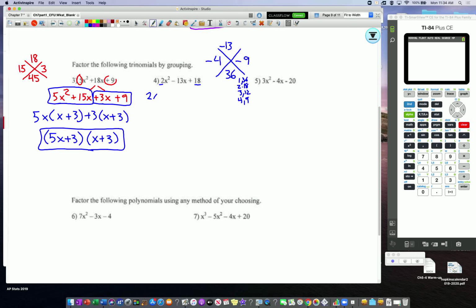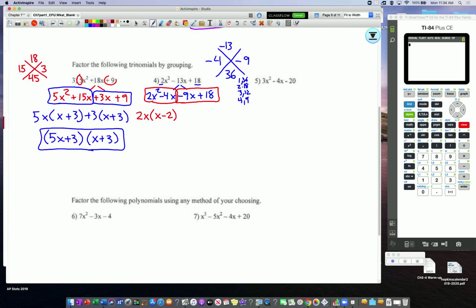So I go 2x squared, sorry, I already brought that down, but the minus 13 can be written as minus 4x minus 9x plus 18. All right, so now I'm going to do the factoring by grouping. Group the first two together. They share a 2 and an x, so I'm left with x minus 2.